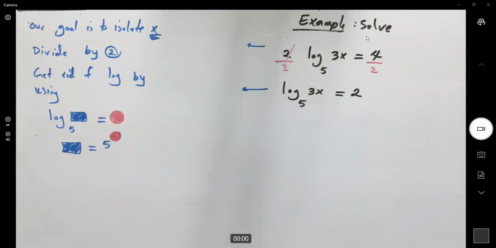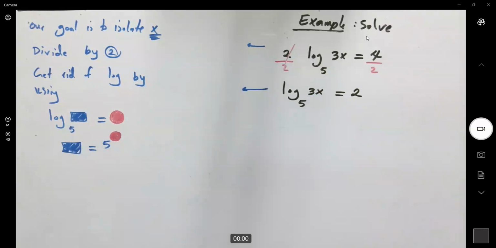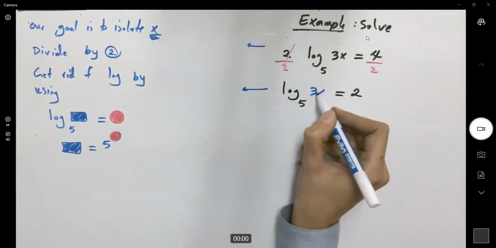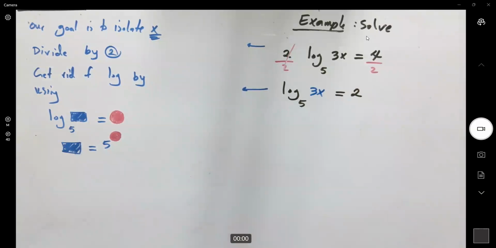Okay, let us follow. My blue box is 3x, and it will be equal to 5 to the pink quantity, which is 2.